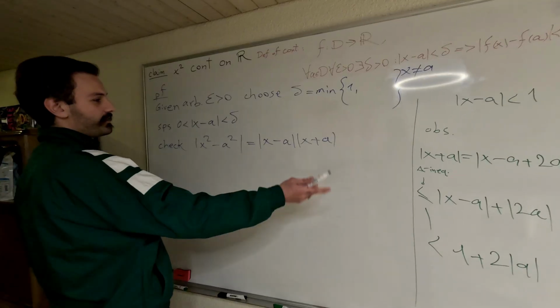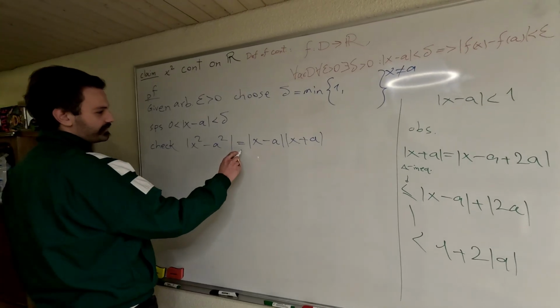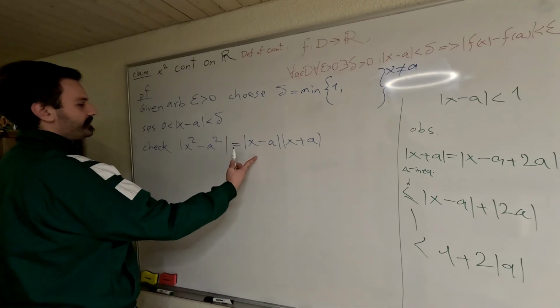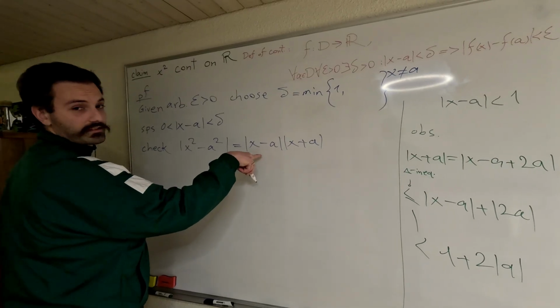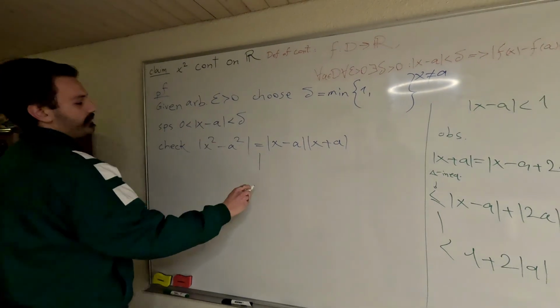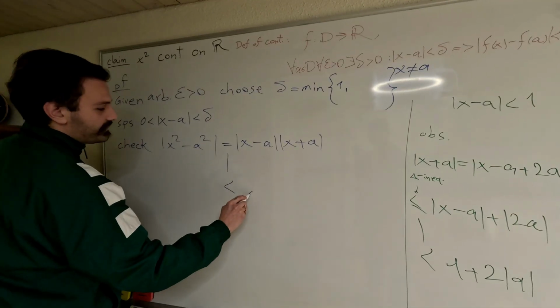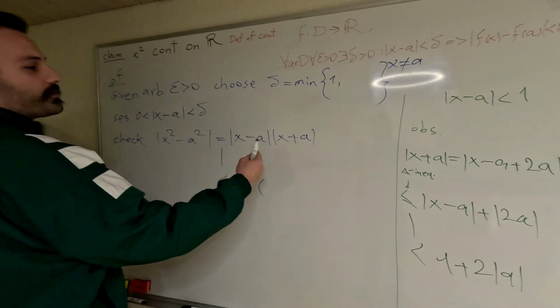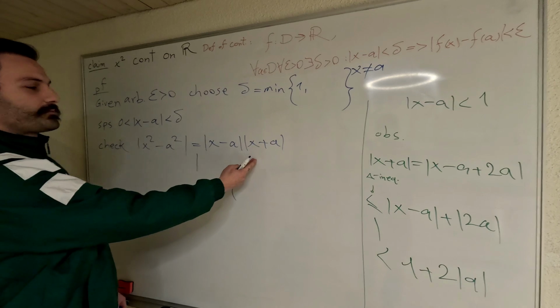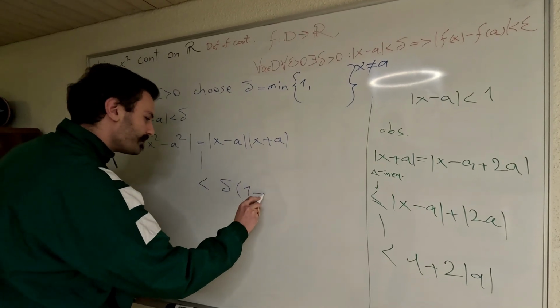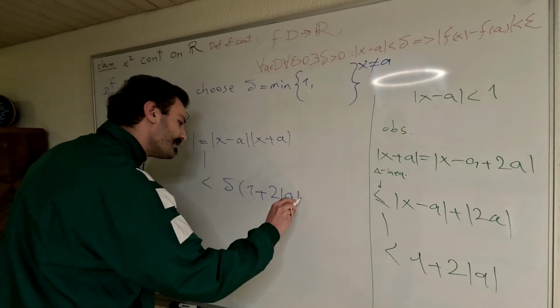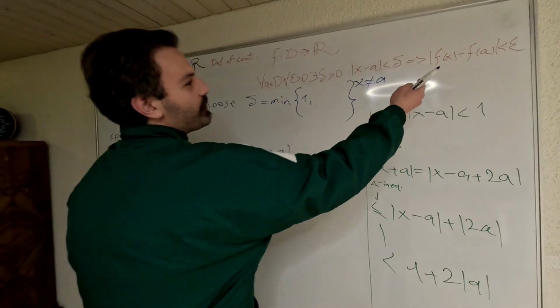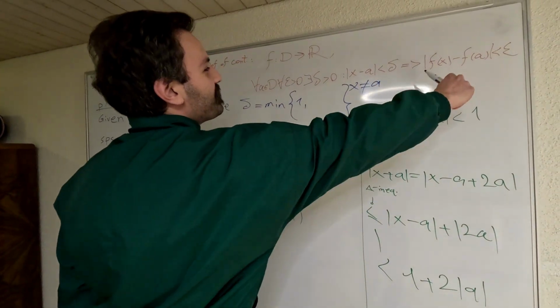And let's plug that into this equality. Then we get that this is less than delta by the definition, right? We have this less than delta times what you can now substitute for x plus a, and that is 1 plus 2 times the absolute value of a. And we're still at the conclusion of our implication, right?